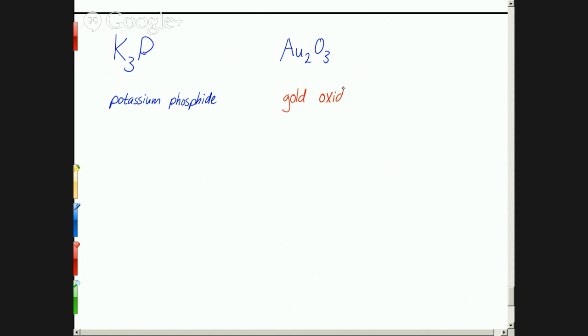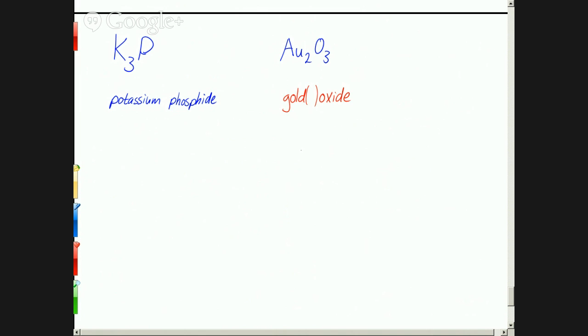Oxide. So do we need to put the parentheses here? Yeah, why? Because it's in the middle? Yeah. What do we put in the parentheses?